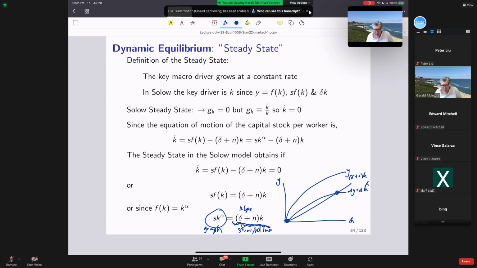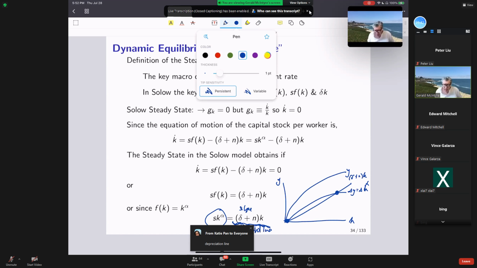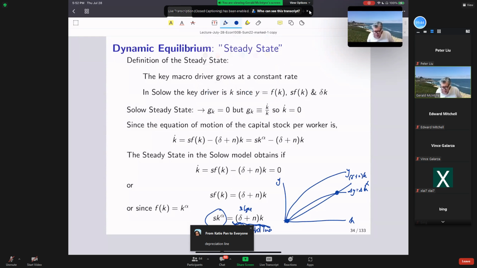And you can see that there's an intersection, a place where the two of them are equal. That's the steady state.